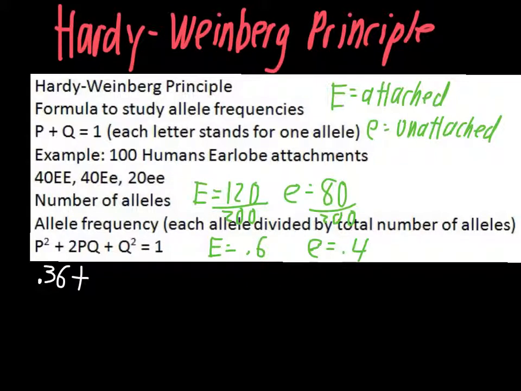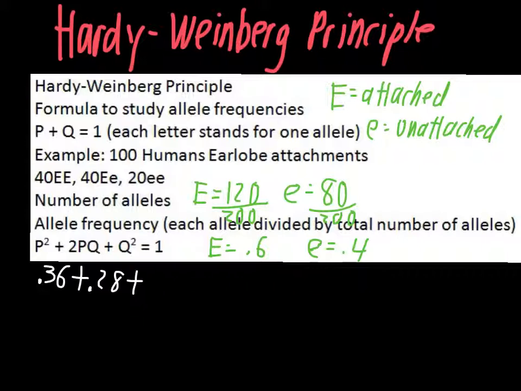Then we're adding that with 2pq. So if we multiply 2 times our p-value, remember our p-value is 0.6, that would give us 1.2. Then that would be times 0.4, which would give us 0.48. Then we're adding that together with q squared.